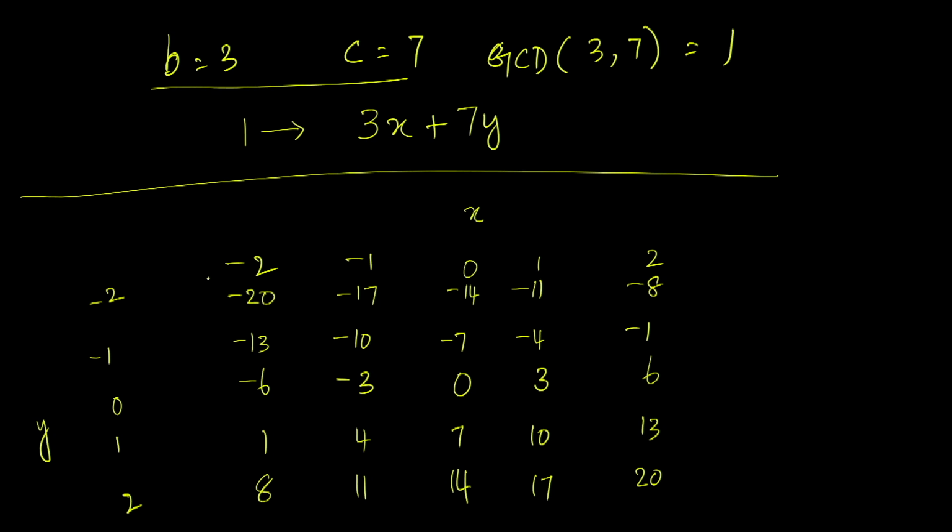This is how the values would look. For various integral values of x and y, the linear combination 3x plus 7y would have these values.